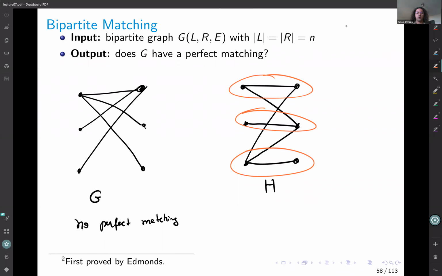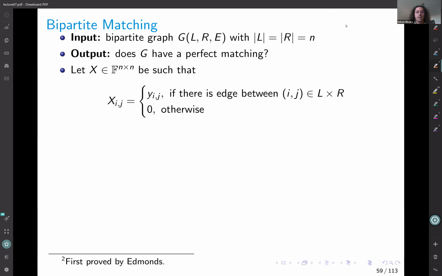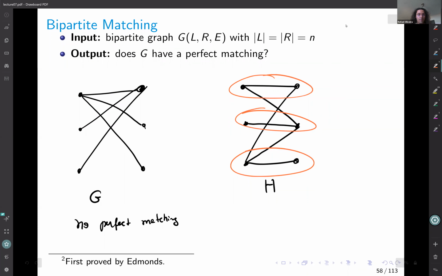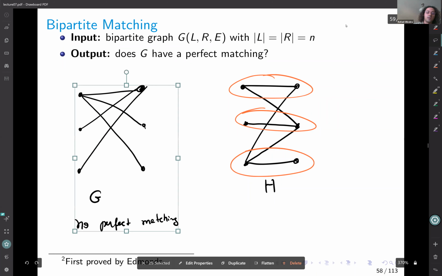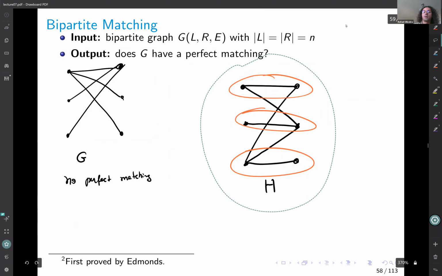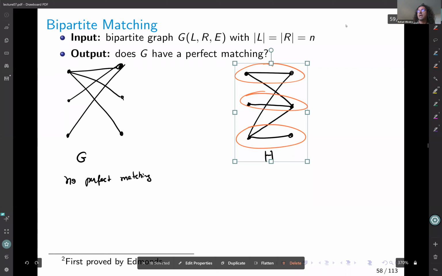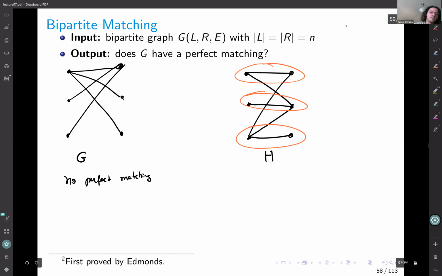Okay, so this is a problem that's familiar to all of us. And here's the question. If you remember, from any graph, and in particular a bipartite graph, what can we do? To each of these graphs, I can associate its adjacency matrix. So what is the adjacency matrix of G?